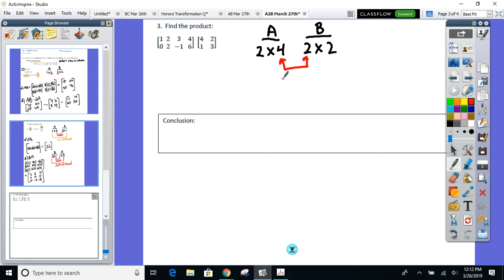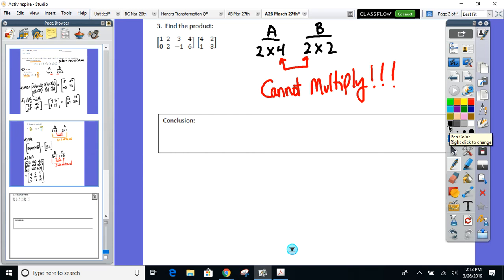Cannot multiply them. Those inside numbers must match. Now, if I flipped them, yeah, I could make it go, but just the way it's written right now, I cannot multiply those two. I would need to rearrange them, which we're not going to.